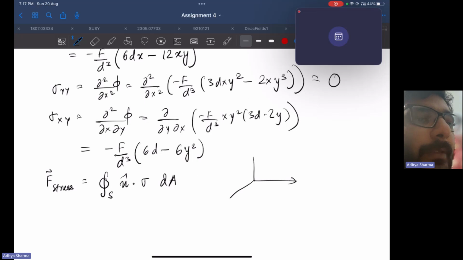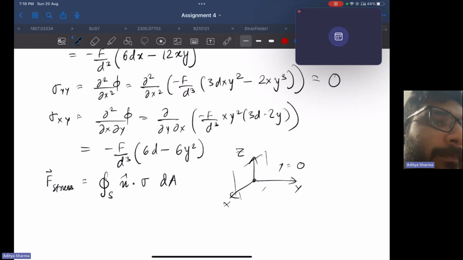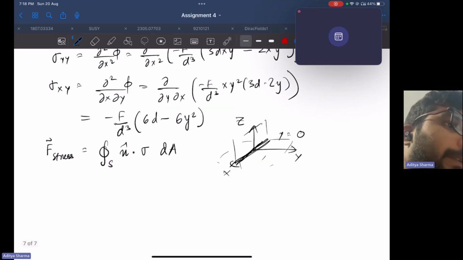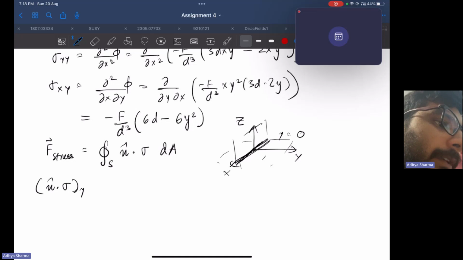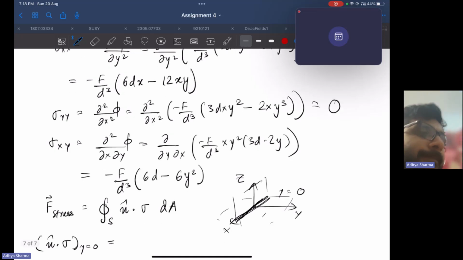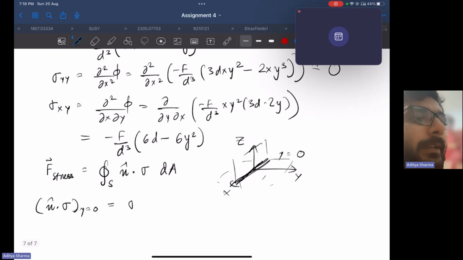See, this is my XYZ plane. We look in the XZ plane, that is y equal to 0. Or if it is a two-dimensional surface, we'll look at this line, which is y equal to 0. So n cap dot sigma at y equal to 0 is equal to sigma xy y cap plus sigma xx x cap.